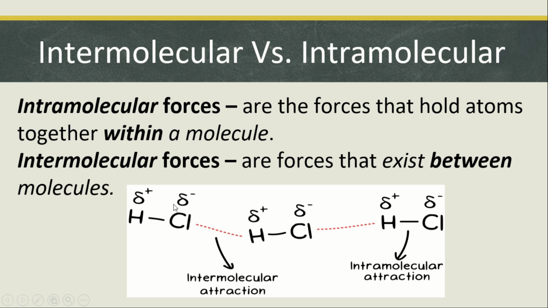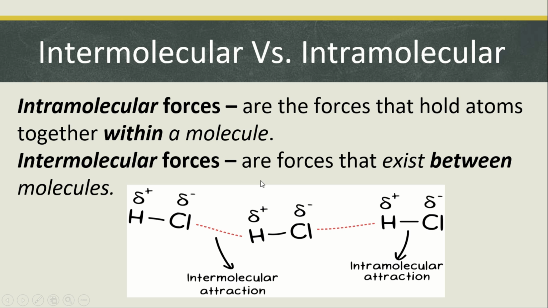As we can see, class, we have here molecules of hydrochloric acid. As you can see, hydrochloric acid is a polar molecule because of the presence of the partial charges. Why does it have a partial charge? It's because, again, they have different electronegativity values. One is higher and the other is lower, causing this charge and a dipole moment.